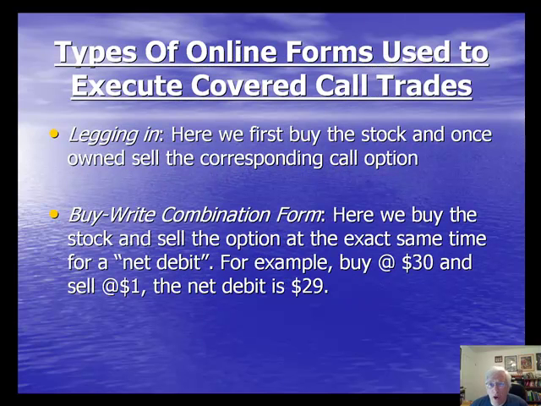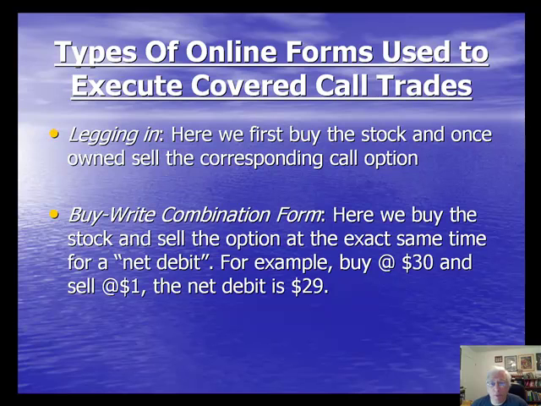Now, there are two types of online forms depending on the brokerage you're using. One is called legging in, and that's the one we're going to concentrate on in this video because it gives you a better understanding of how the process works. In the legging in form, we first buy the stock, and then once owned, we sell the corresponding call option.